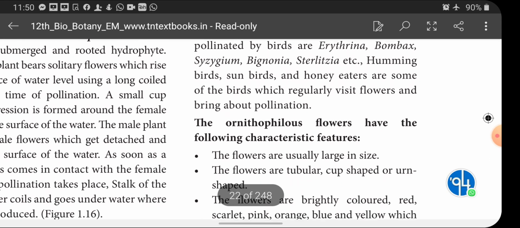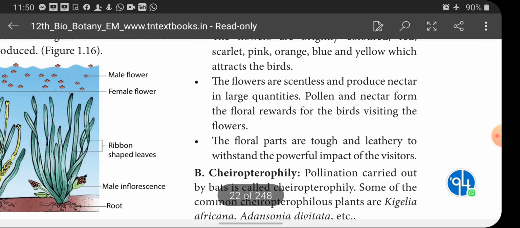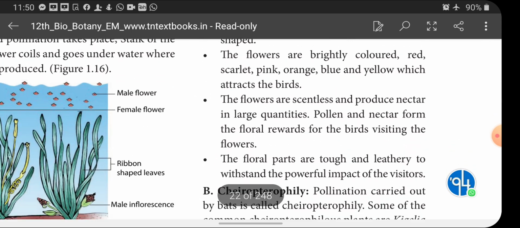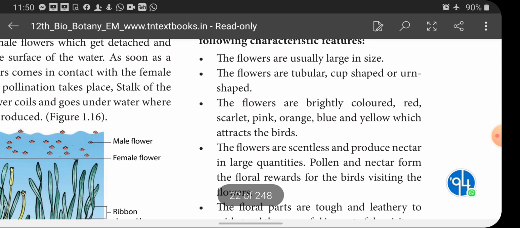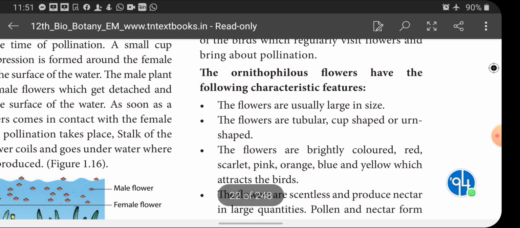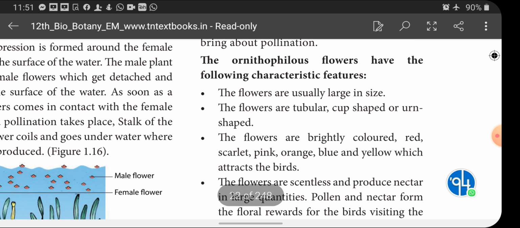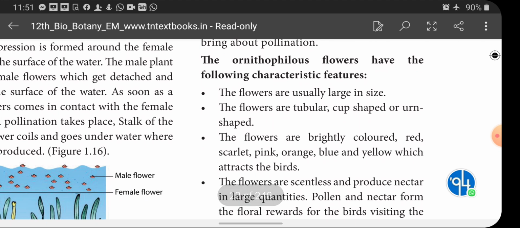The ornithophilous flowers have the following characteristic features. Since there are 5 points, you will get a 5-mark question: what are ornithophilous flowers, or mention their characteristic features. The flowers are usually large in size.